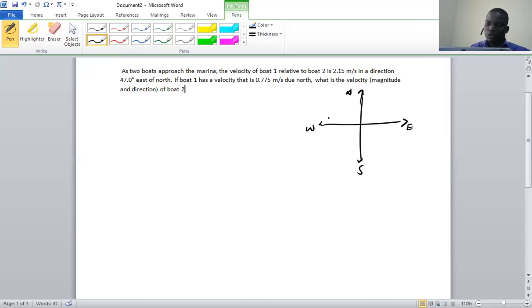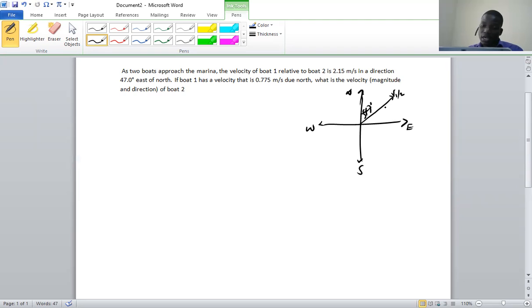The velocity of boat 1 relative to boat 2 is 2.15 meters per second, 47 degrees east of north.